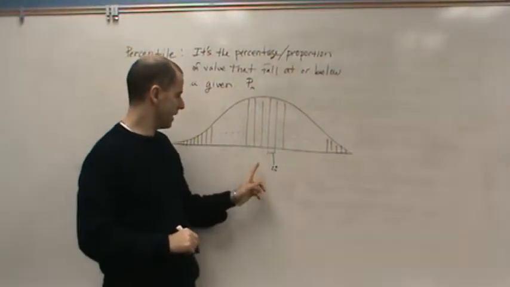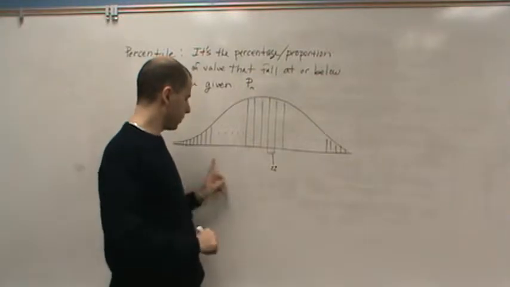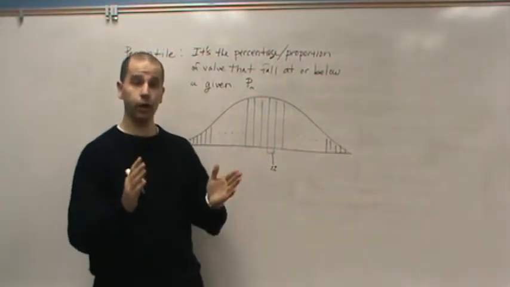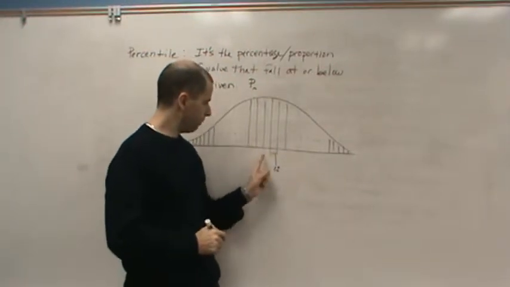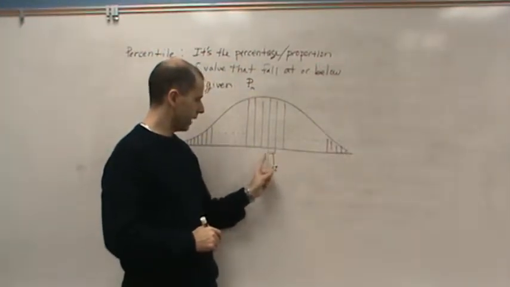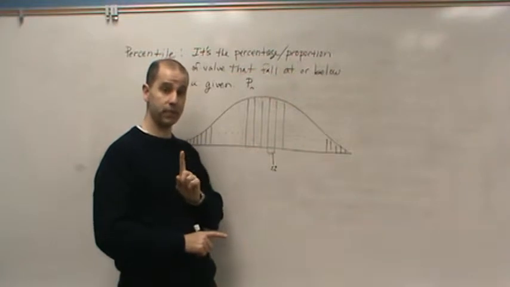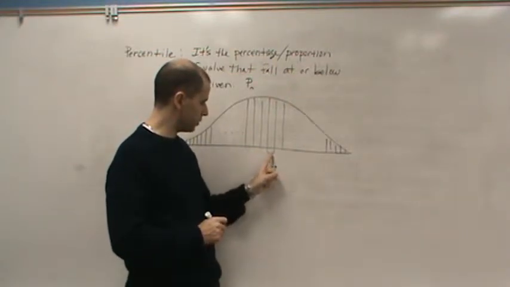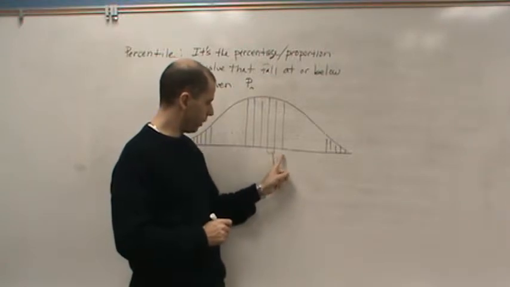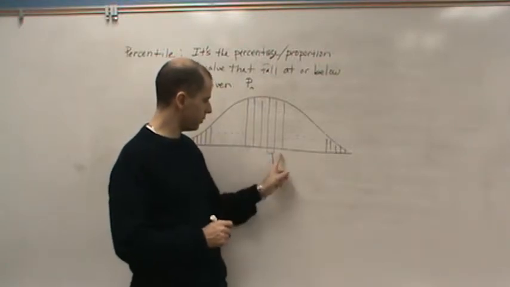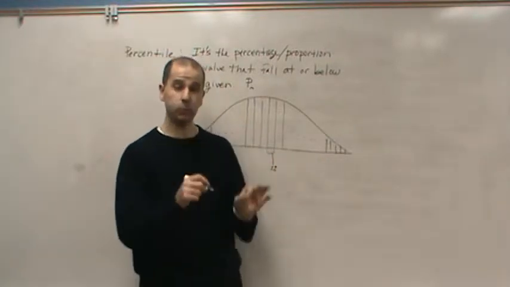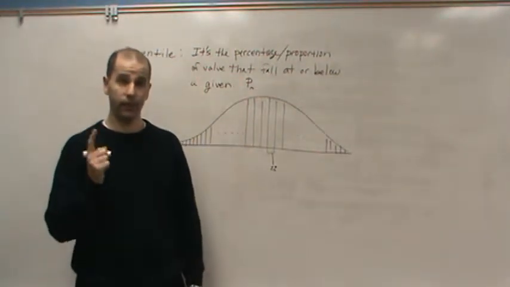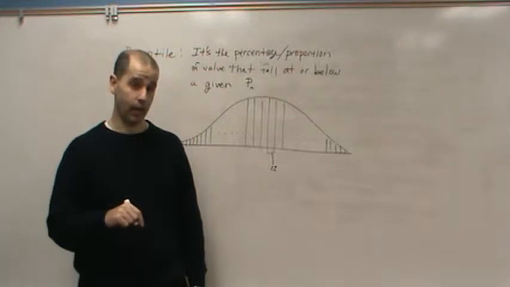Well, the way we do a percentile is we're subdividing this interval into 100 equal pieces, where each piece has an interval that contains 1% of the data. So I know that 1% of the data falls between these two values, and 1% falls between these two values, and so on and so forth. Each piece contains 1% of the data.